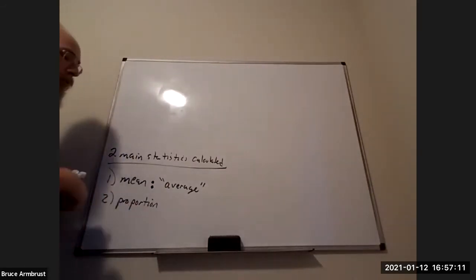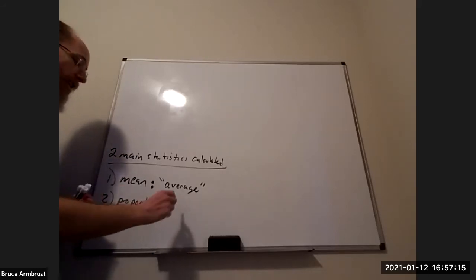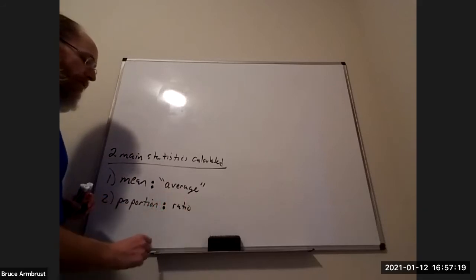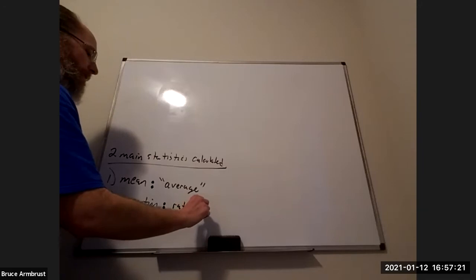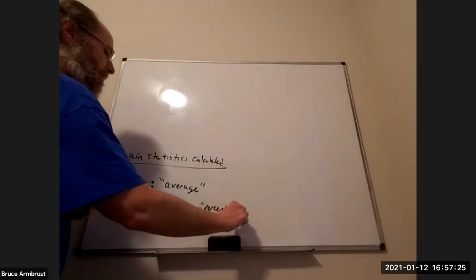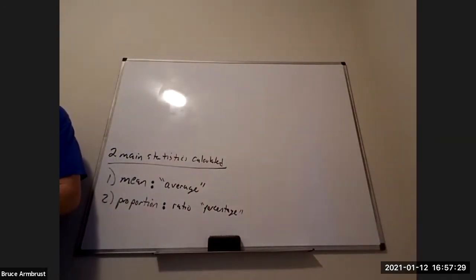So this is one of the things that we're going to tend to calculate a lot. And the other is the proportion, which is the ratio. This is a ratio, which tends to be a percentage. So this is the other big number that we'll look for.